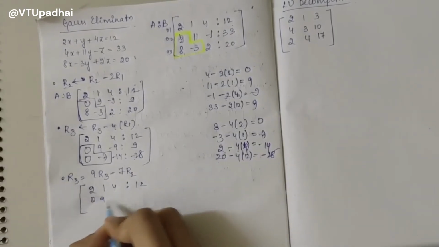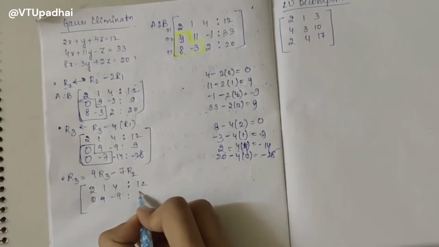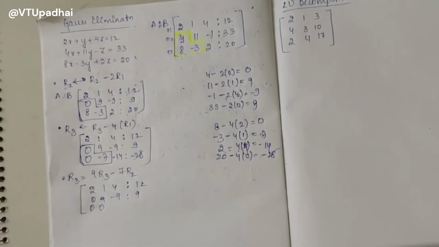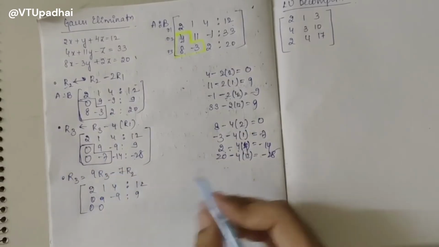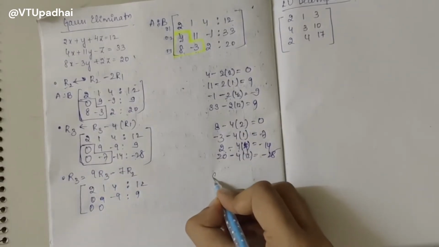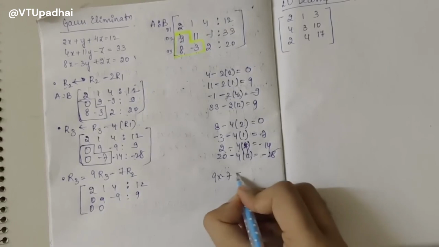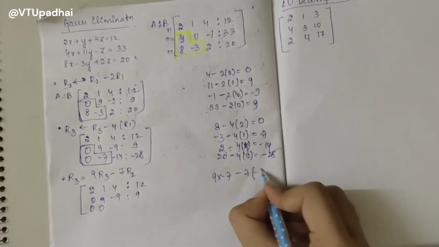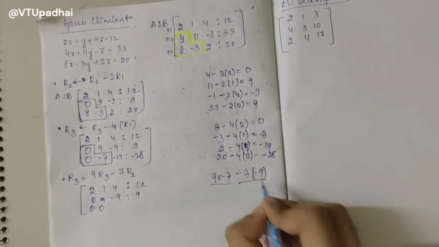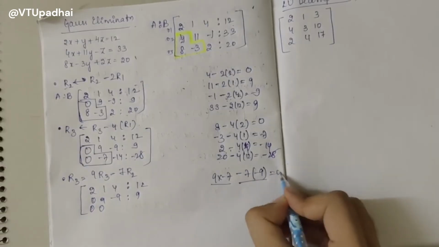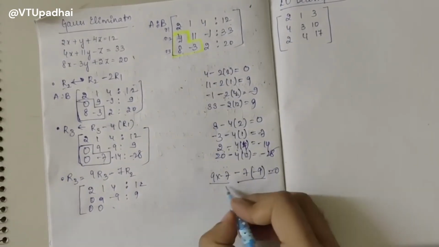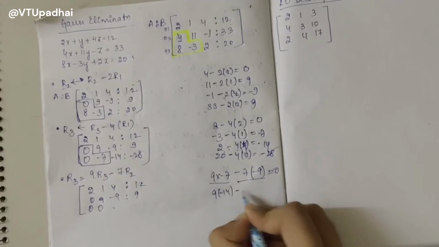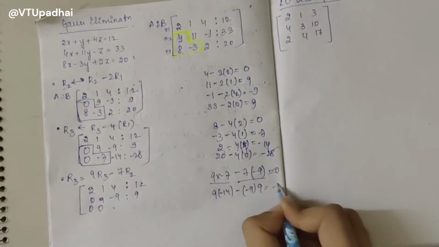Here also 0, 9, minus 9 and 9 as it is. Here 0, 0 would be there. Here I'll get 0, I'll explain: 9 into minus 7, minus 7 into the R2 value of minus 9, so 9 into minus 7 and 9 into minus 7, I get 0. And here I get 9 into minus 14 minus 9 into 9, that is minus 189.